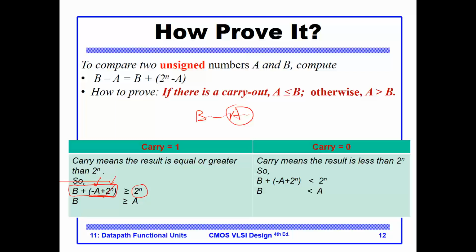If you do the cancellation appropriately, you will deduce that b is greater than or equal to a. If you don't have a carry, it means your final result of the subtraction is less than 2 to the n, and therefore, if you do the cancellation, you will see that b is less than a. So the carry flag indicates the relationship between these two numbers.